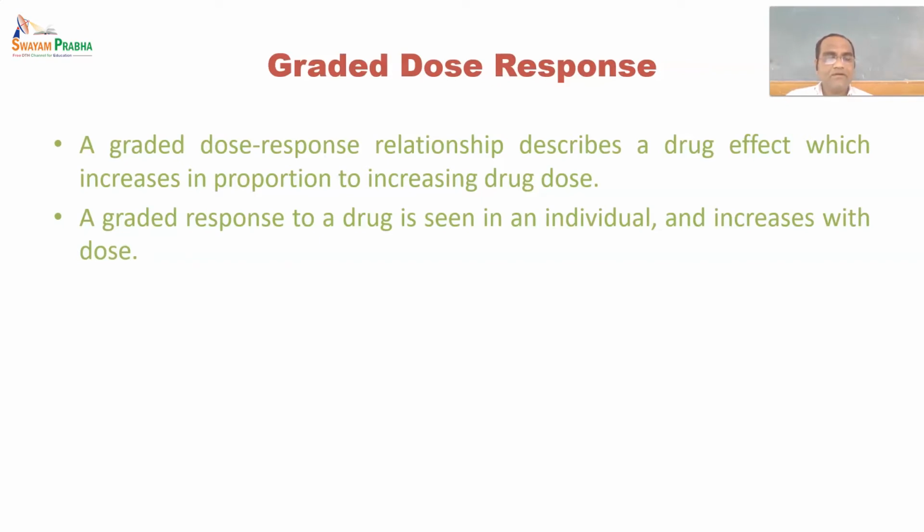As the concentration of drug increases, the response increases on the kymograph paper. This is a graded dose, and it can be calculated only in an individual. That is a limitation of the graded dose response, so it cannot be calculated on a population.